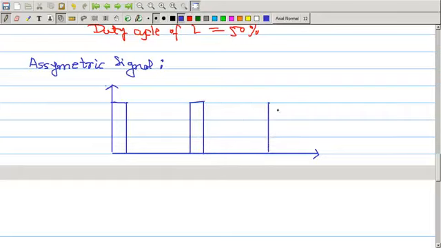Please bear with me, it may not be exact because it's very difficult to draw in this digital form, but I am trying to do it in the best possible way.